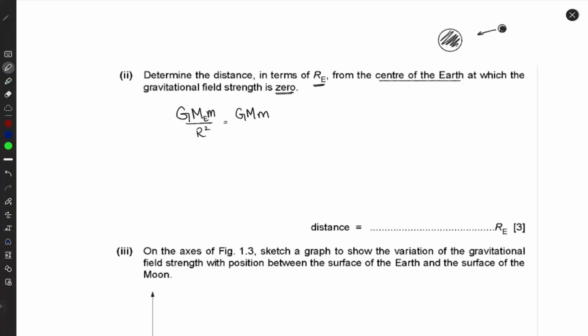Because we are considering it this way, capital M is the mass of the Earth over here, small m is just the mass of this object, the Moon, and this is the force for the mass of the Moon, and this is again the same mass, which is of the Moon.